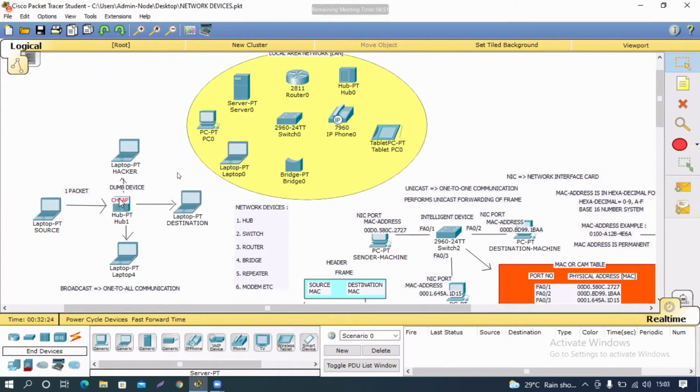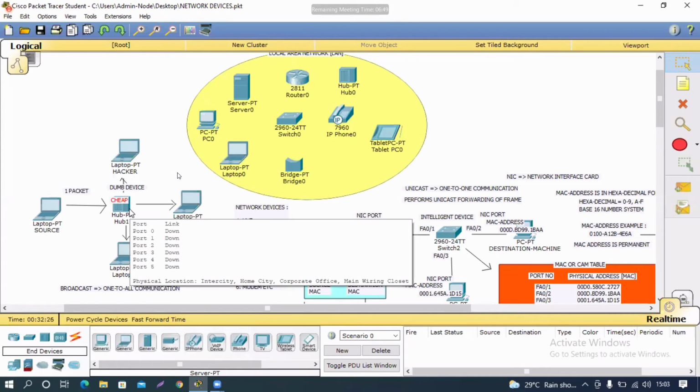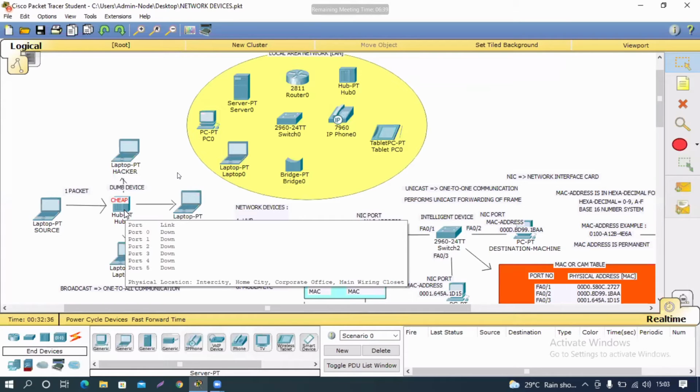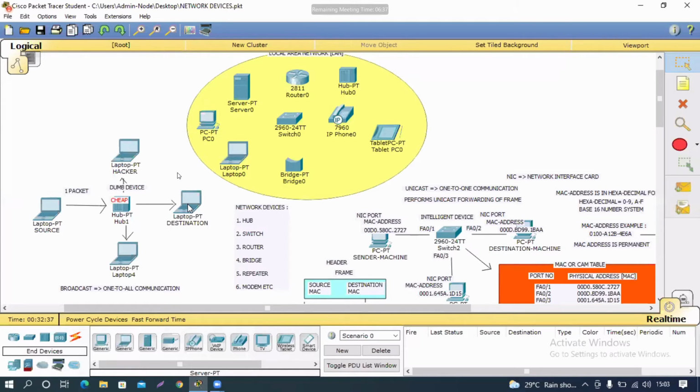It is a super cheap device for setting up a network. If you have a network where this type of security doesn't matter, meaning it doesn't matter to you if this information goes to this machine also, then it works.